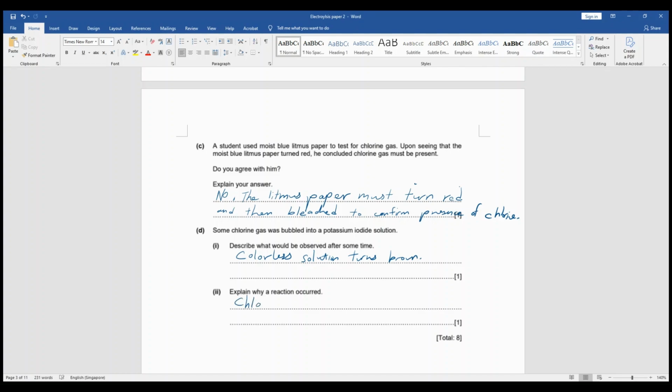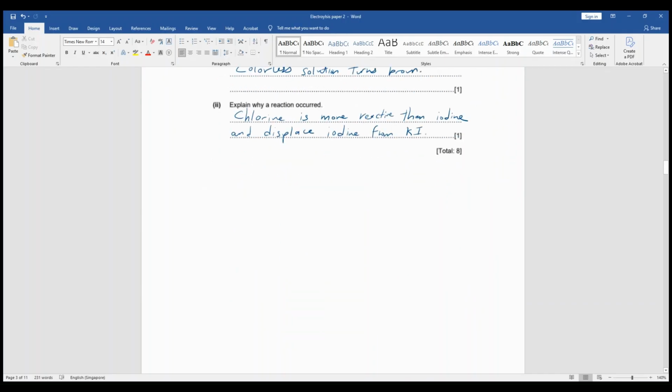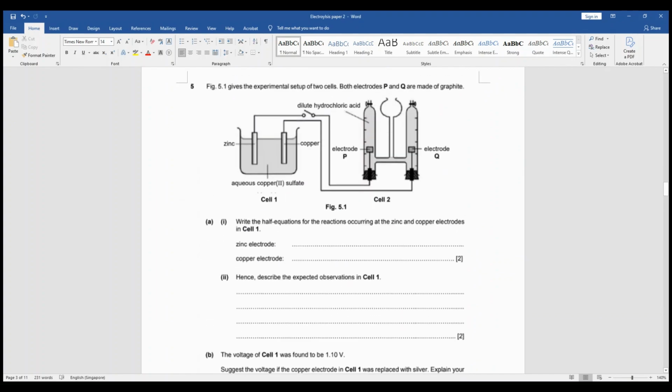Chlorine is more reactive than iodine and displaces iodine from KI. I wrote KI, but in the exam, please write the whole name out.